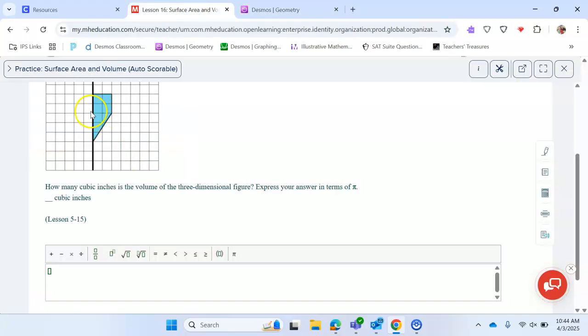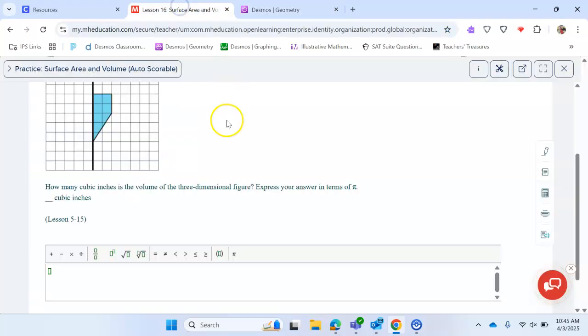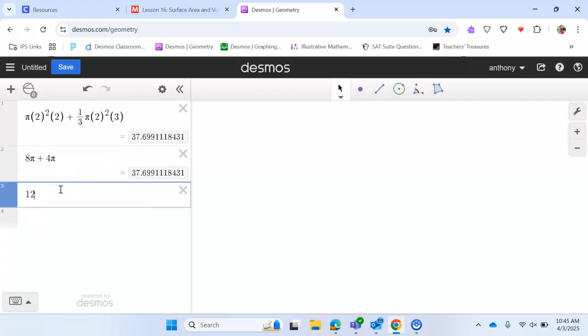Its radius is the same, 2, and its height of the cone is 3. This is 8 pi, and that is 4 pi, and 8 pi plus 4 pi is 12 pi.